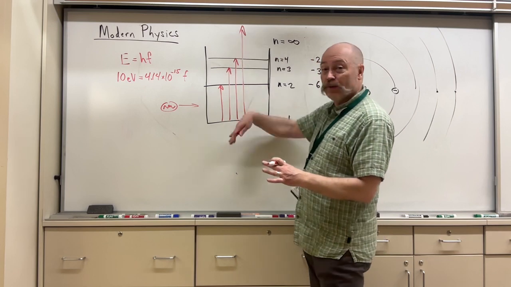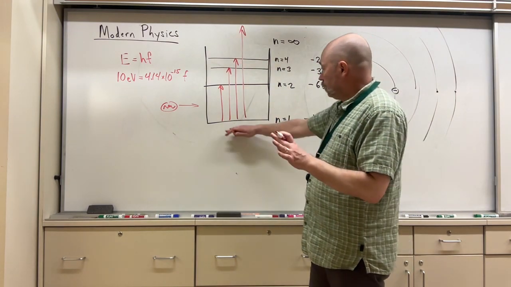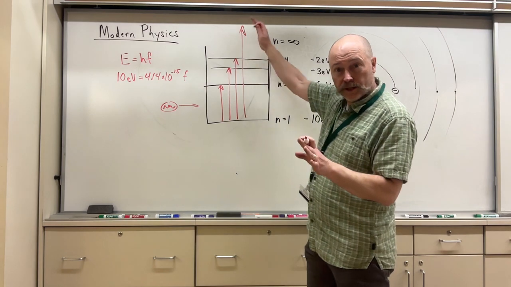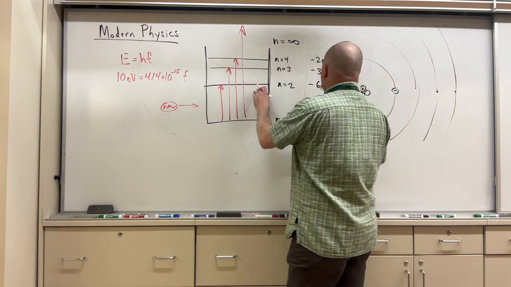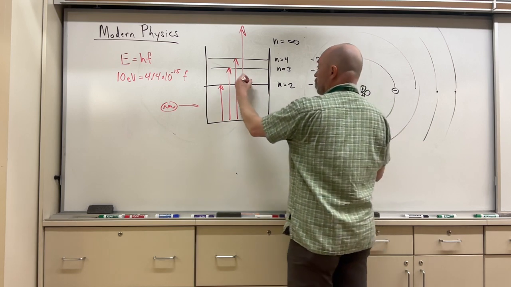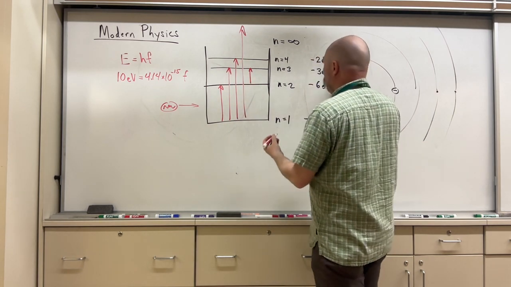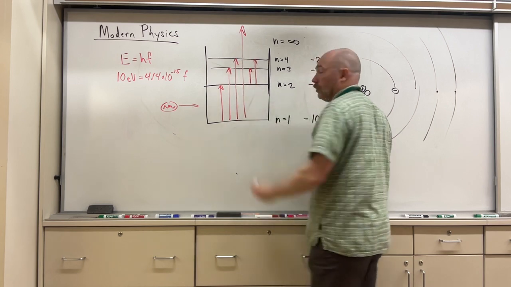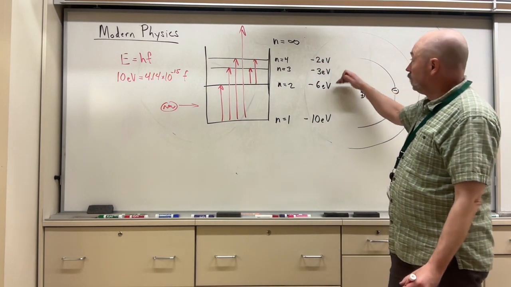So this would be absorption. This would be from 1 to something, but you could go from 2 to something. So I absorb 3 eV, and it goes from 2 to 3. I absorb 4 eV, it goes from n equals 2 to 4.